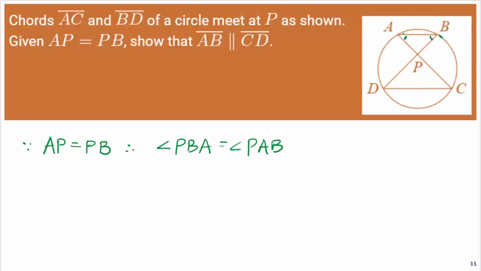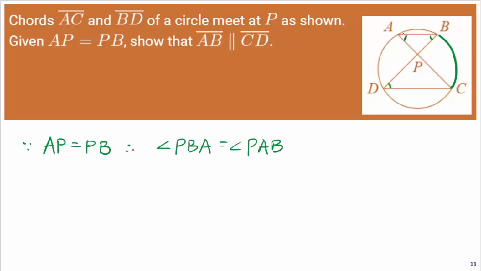And if you consider the arc BC here, then this angle should equal this angle, right? Because angle CAB and angle CDB are inscribed in the same arc BC.